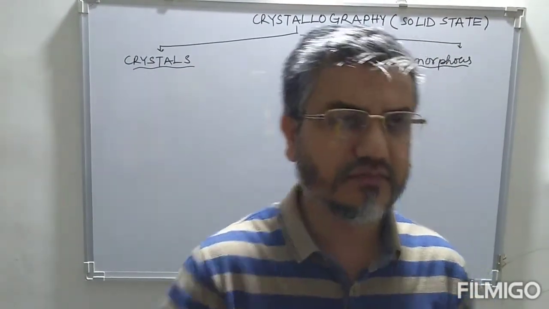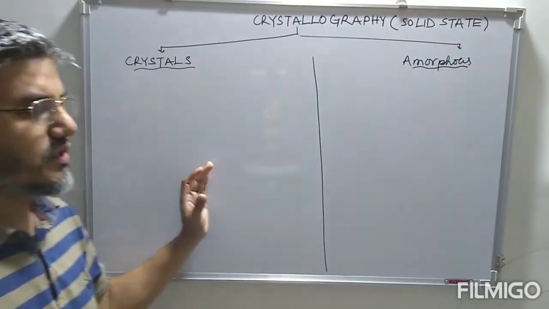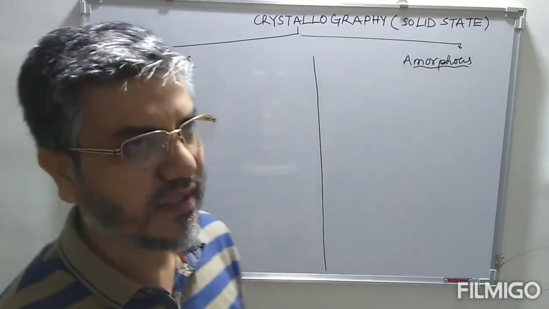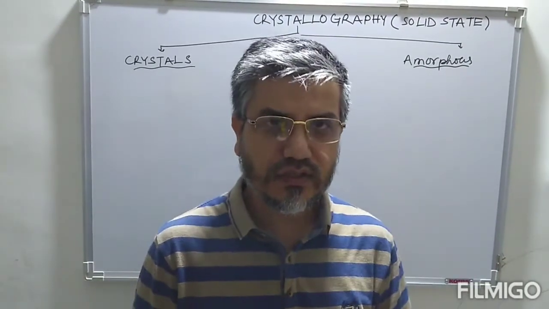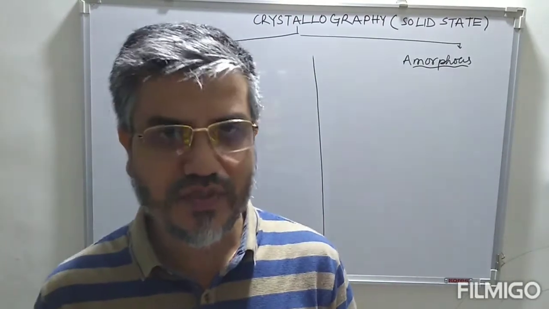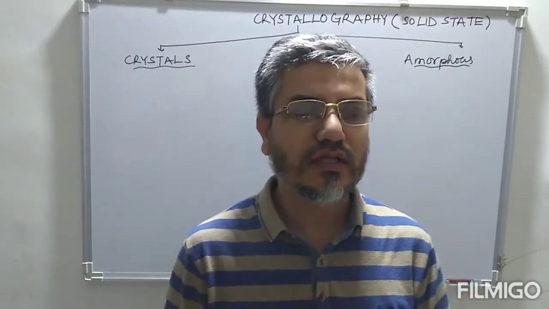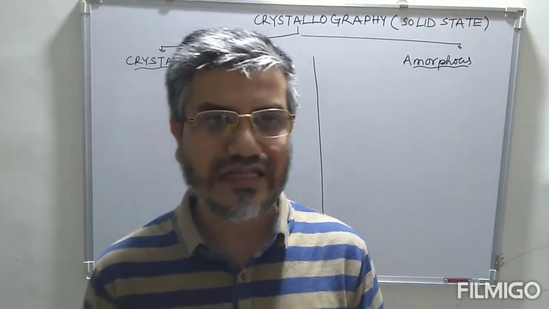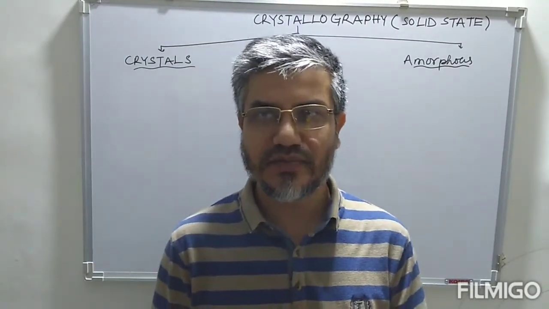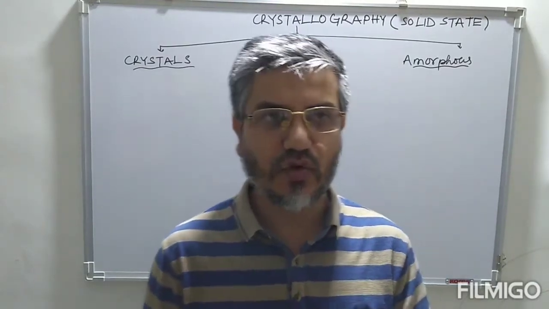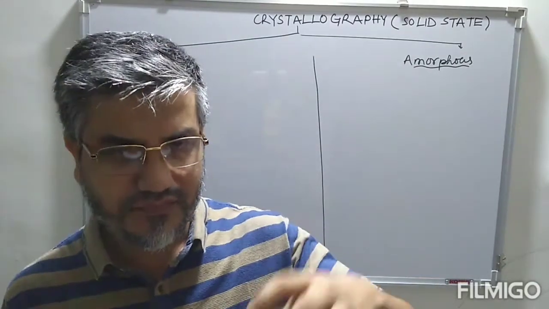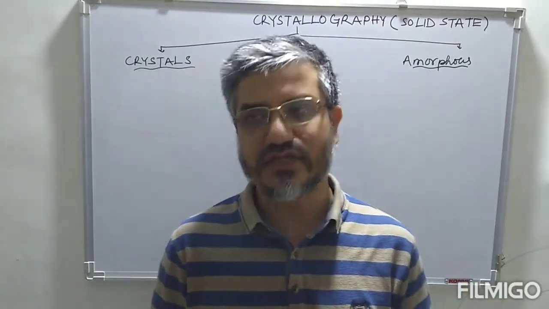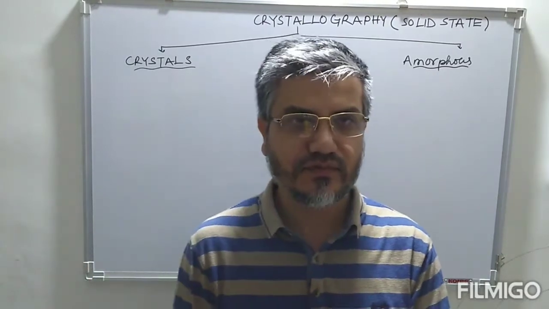First of all, when you say crystalline solid, all crystalline solids have a regular repetitive arrangement of the component or the constituent throughout the crystal. That means if you take this to be molecular crystals, then the molecules are arranged in a regular repetitive arrangement throughout the crystal.